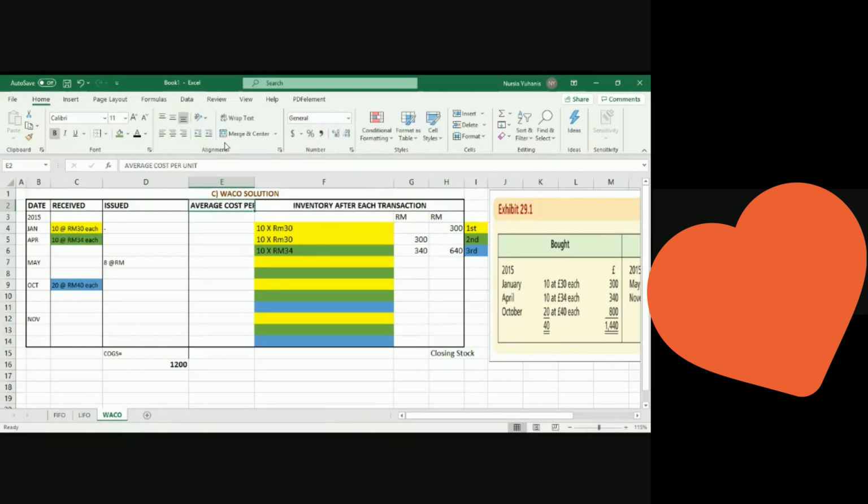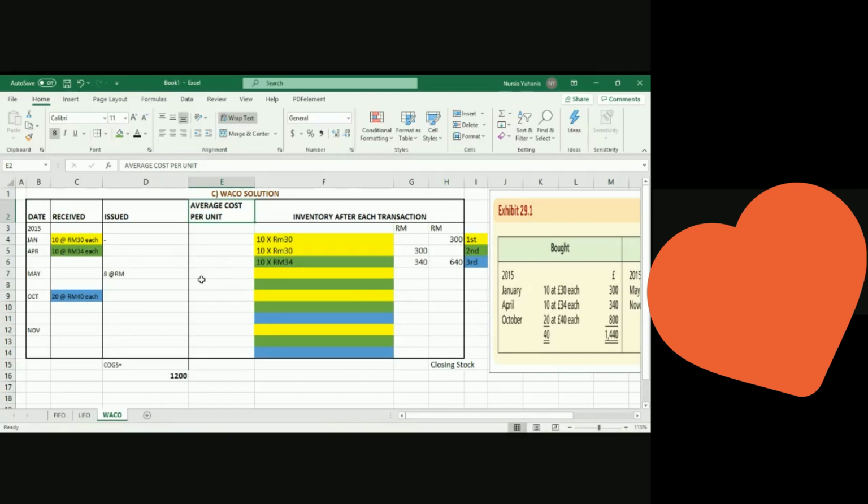This one is for every selling item, how much is the cost that you charge. For weighted average, remember you have this additional column for average cost per unit. The average cost per unit will be incurred only during sales.